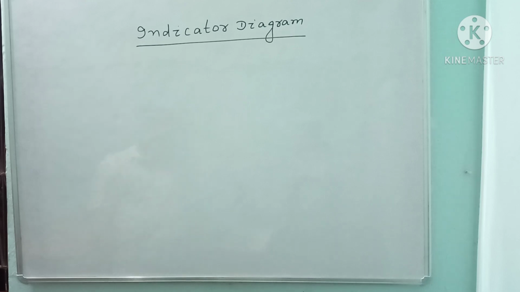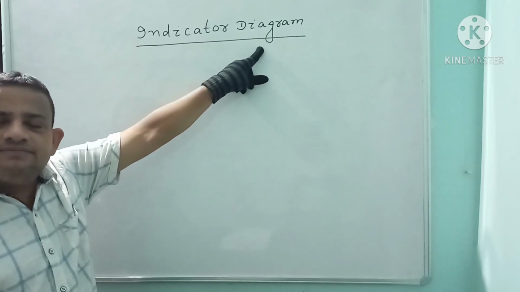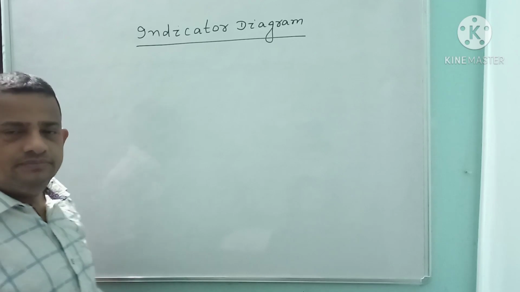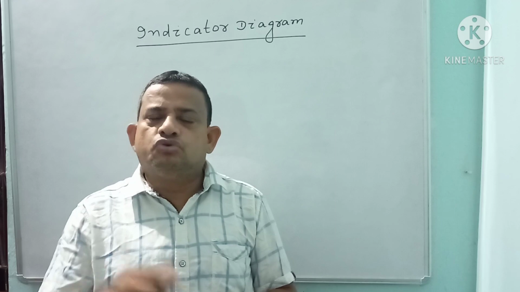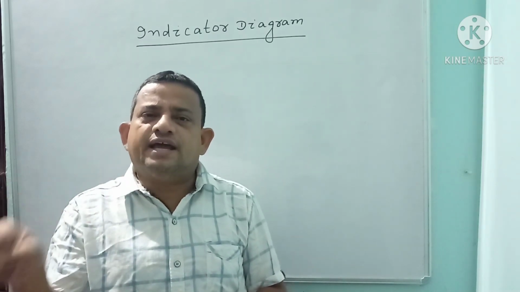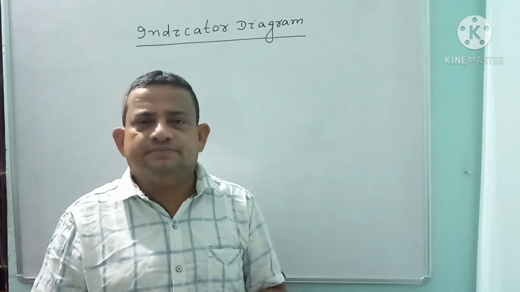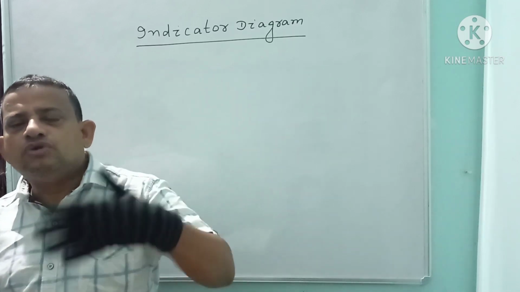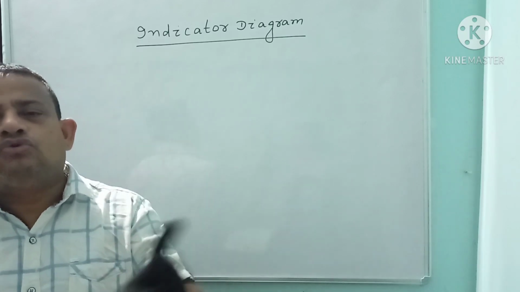That's why your indicator diagram is there. So what is an indicator diagram? This is a graph through which the state of thermodynamic system is described, and in this case you use only two variables out of three.